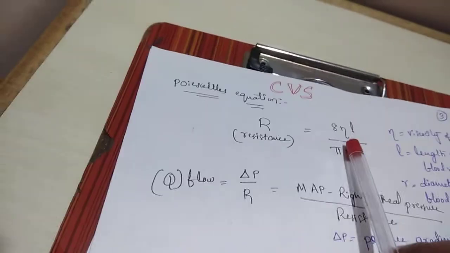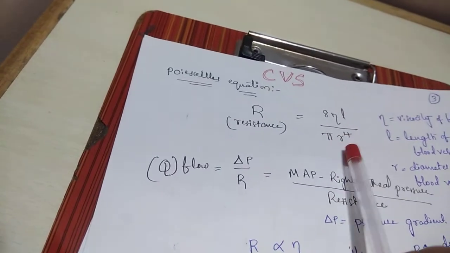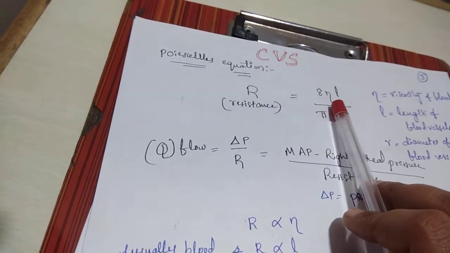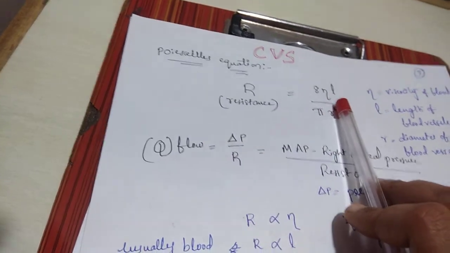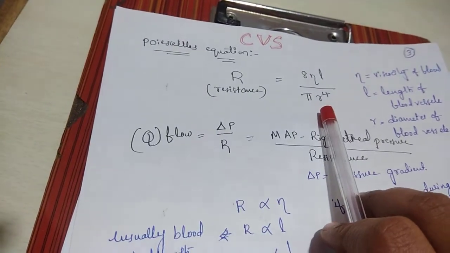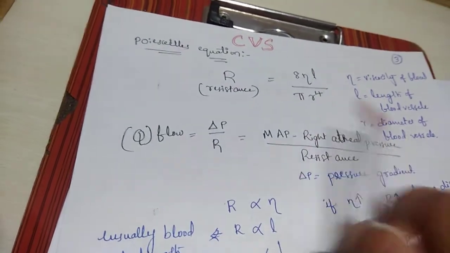Okay, clear? And the next topic is Poiseuille's equation, which shows R equals 8ηL by πr to the power of 4. Here R resembles resistance, η resembles the viscosity of the blood, L tells about the length of the blood vessel and r tells about the radius of the blood vessel.